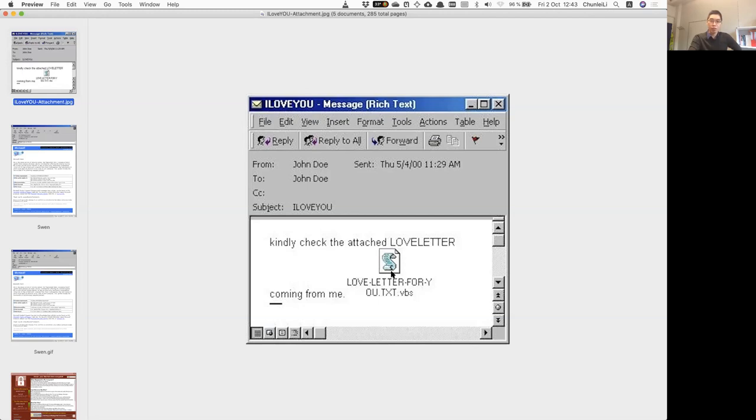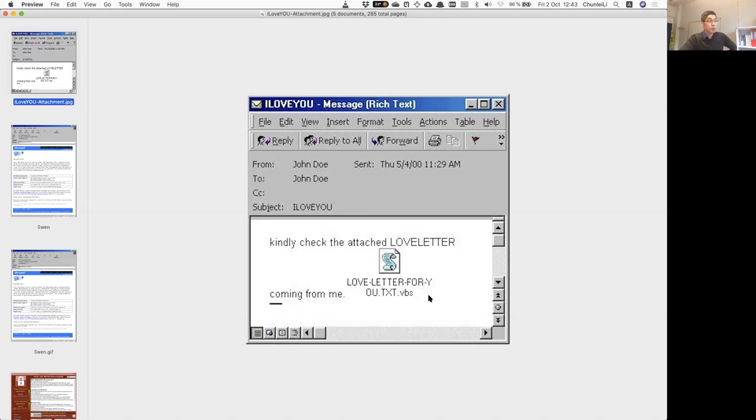And unfortunately, they ran this Visual Basic script, and this file will automatically search for the address book and send itself to all the emails in the address book.